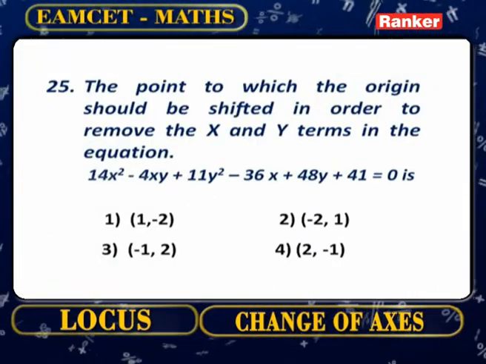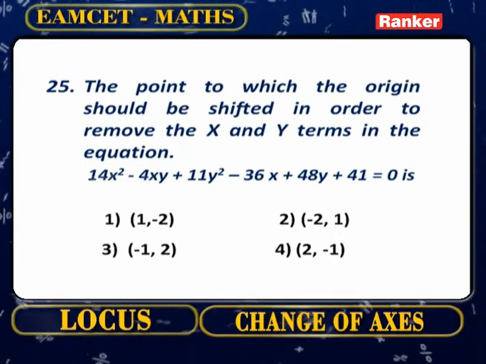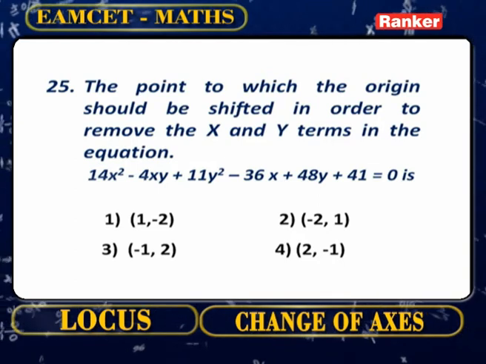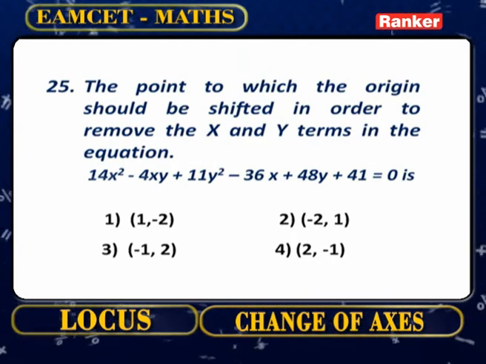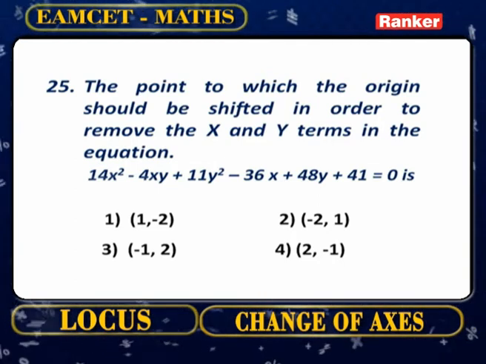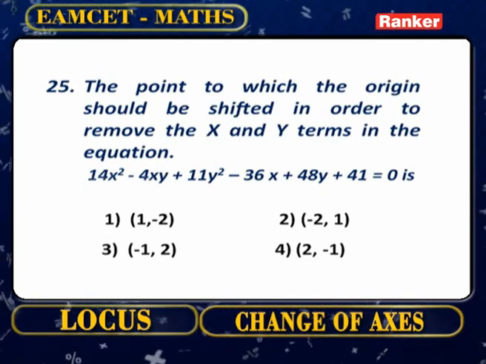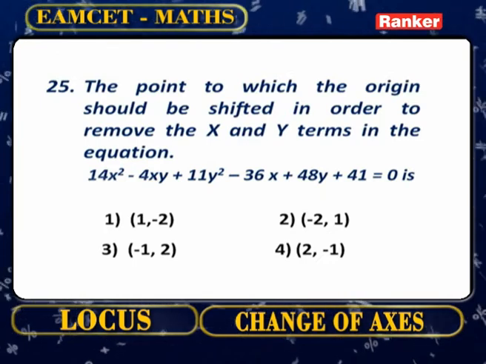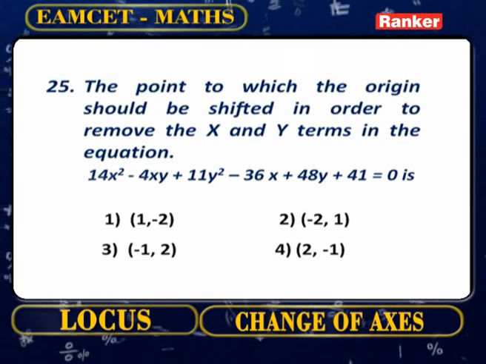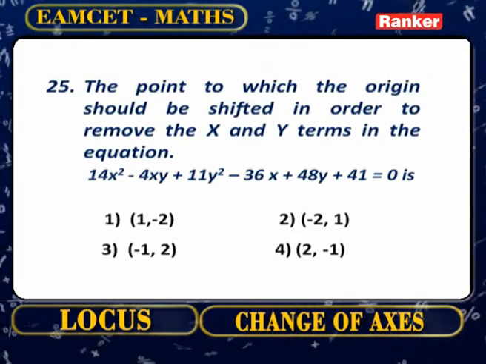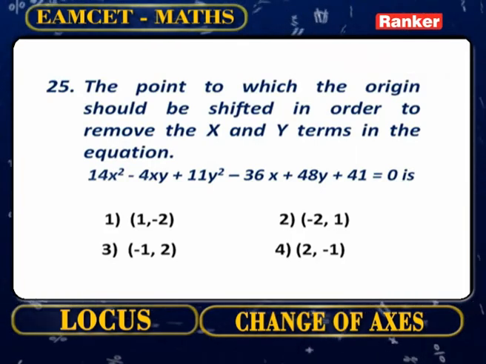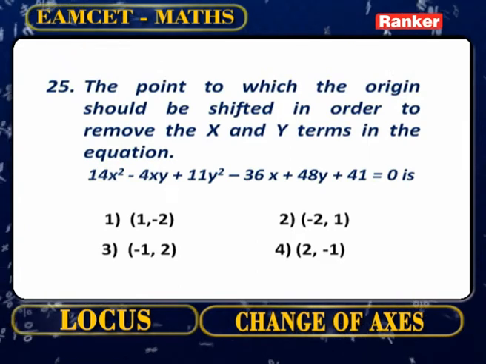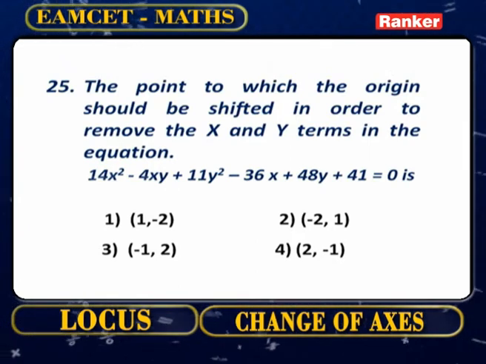Find the point to which the origin is shifted in order to remove the xy term in the equation 14x² - 4xy + 11y² - 36x + 48y + 41 = 0.